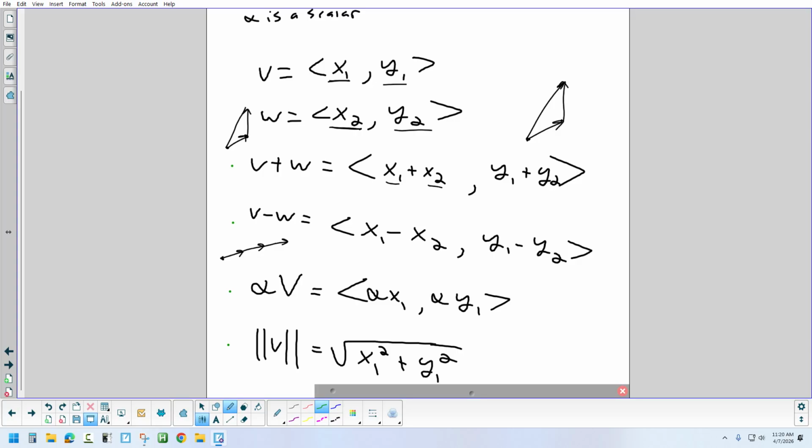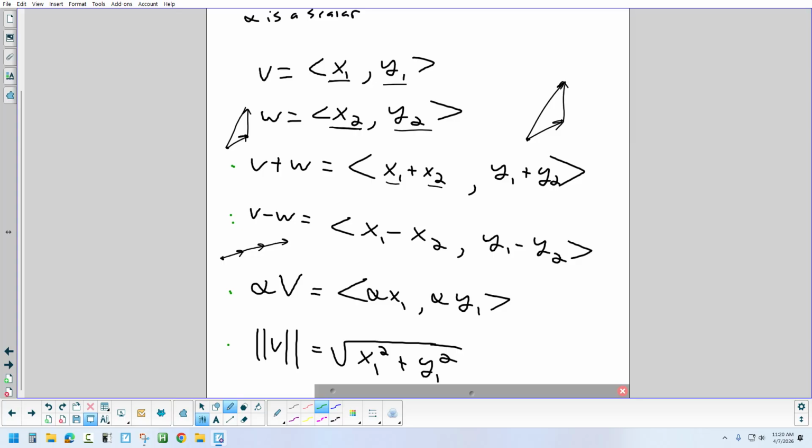Magnitude, when you find the answer, is a single number. 12, 13, 16.5, whatever it comes out to. But all these other ones are vectors. When you add, subtract, or scale a vector, the answer is a new vector. When you find the magnitude of a vector, the answer is a number, just a number.